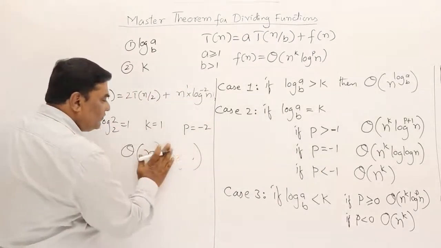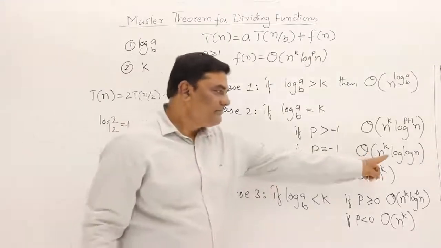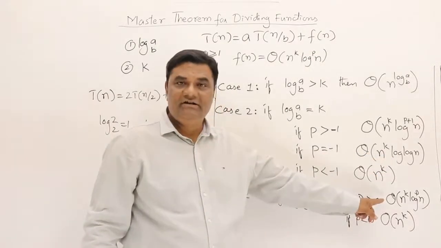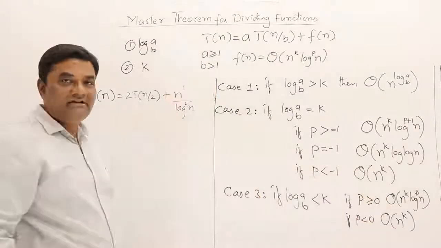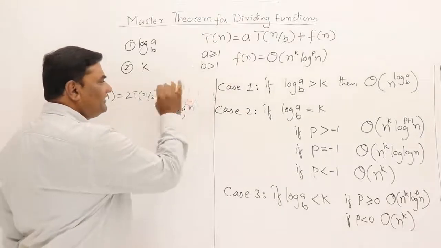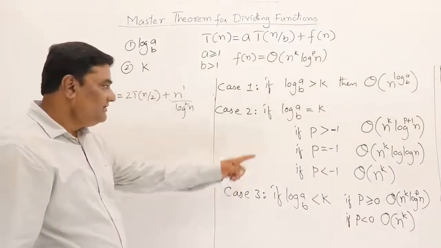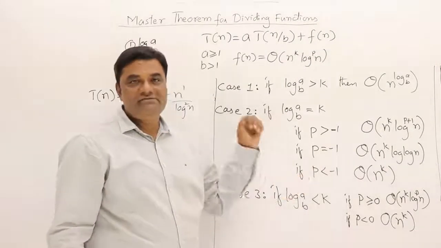So in that case, don't take this log of log n also. That is power 2, power 3, something. Then ignore it. Just take this one. That's all. These are the 3 subcases in case 2.